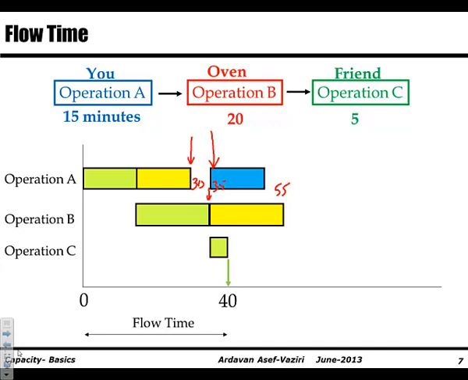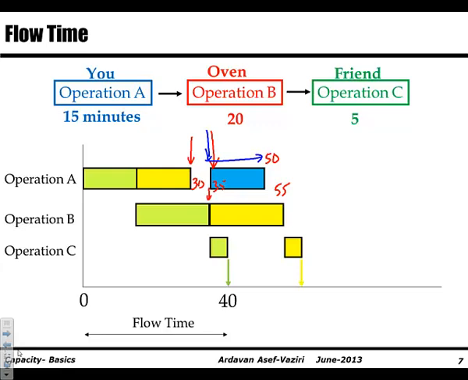But at minute 35, you can start the next batch. You are done at minute 50, but you need to wait until 55. At 55, your friend takes the batch out of the oven.